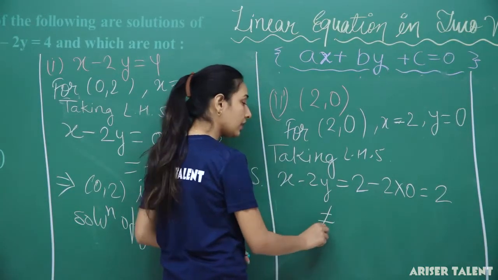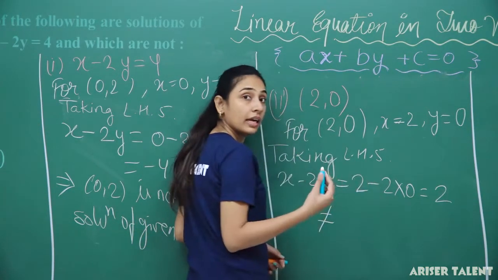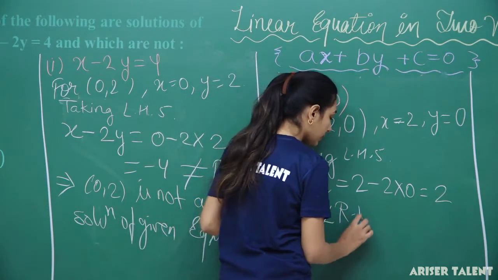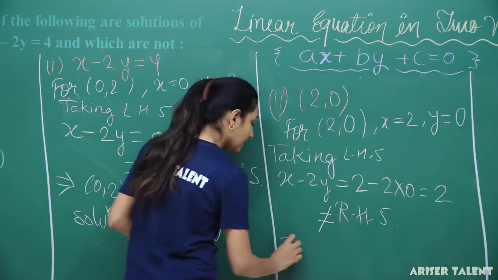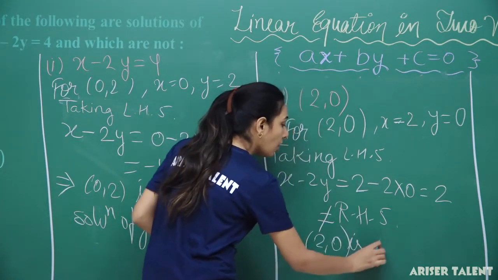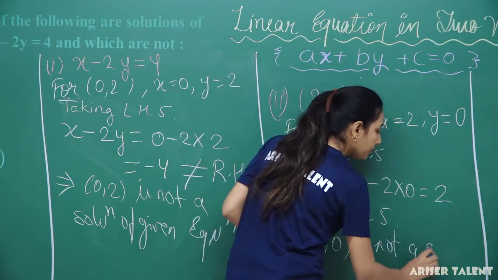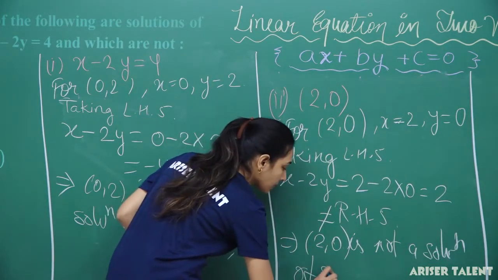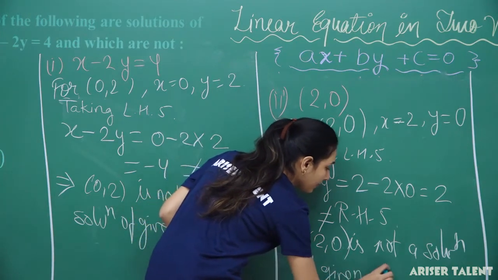This is not equal to what you are given. RHS is what? 4, not equal to RHS. Implies that 2, 0 is not a solution of the given equation.